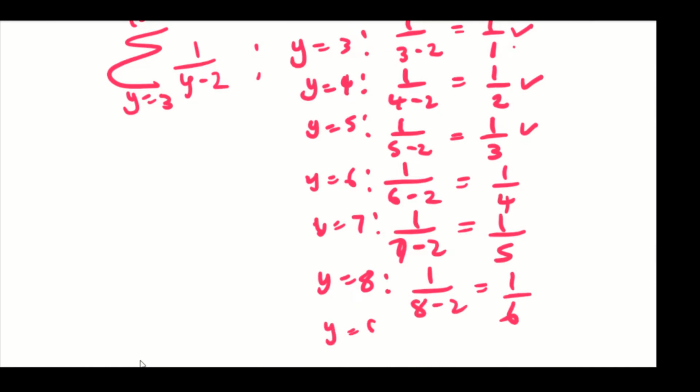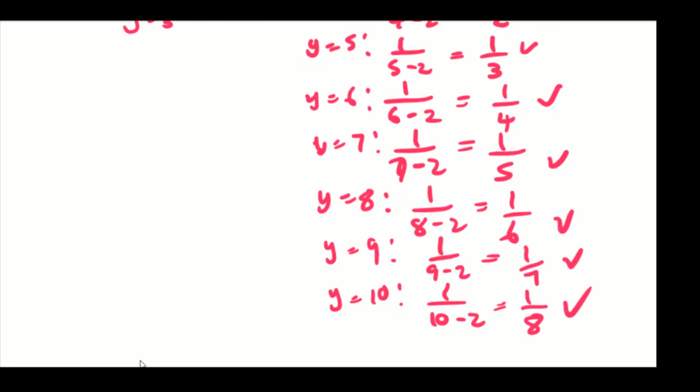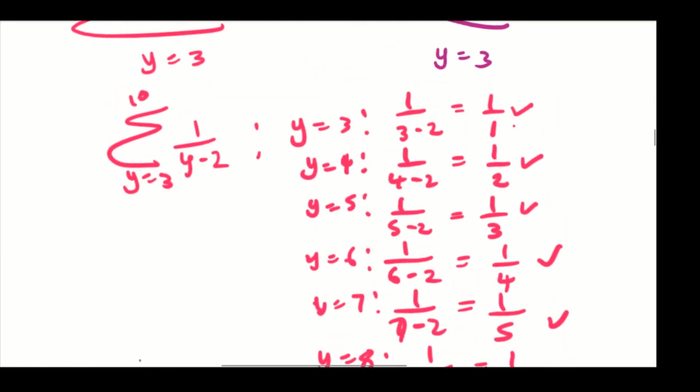Y equals 9 gives 1 over 9 minus 2, which is 1 over 7. And y equals 10 gives 1 over 10 minus 2, which is 1 over 8. So we are done writing all the terms for this first sum.